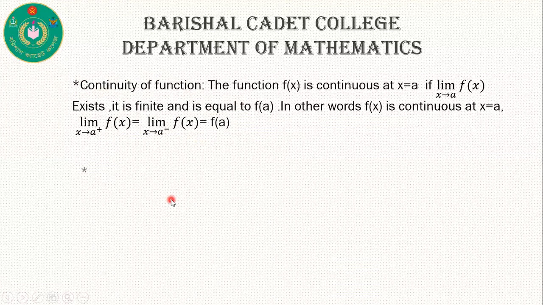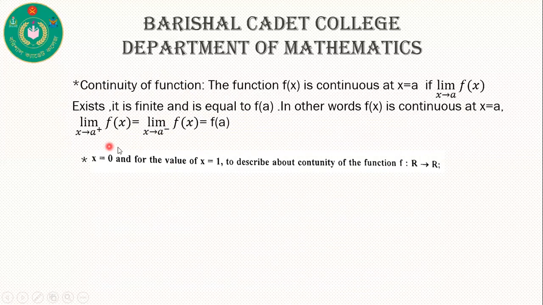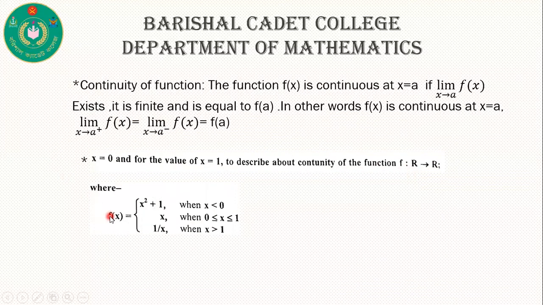Now, let us try to solve a problem. For the value of x equal to 0 and for the value of x equal to 1, describe the continuity of the function f from R to R, where f of x is defined as x square plus 1 when x less than 0, x when 0 less than or equal to x less than or equal to 1, and 1 by x when x greater than 1.